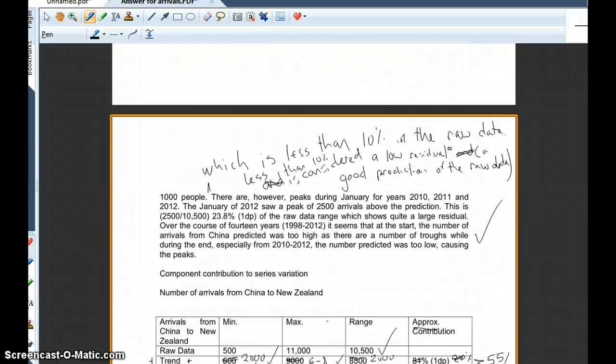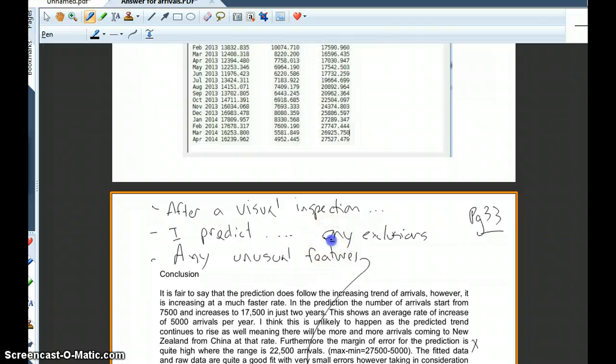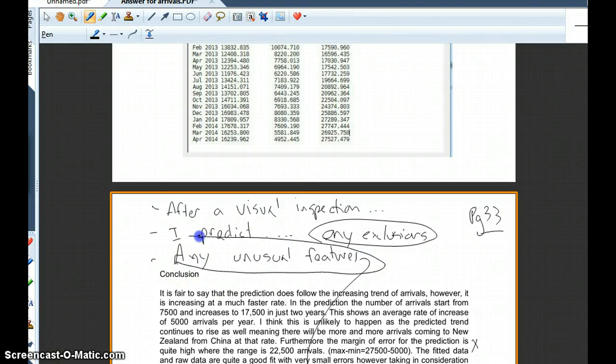So give me one of those and then discuss any exclusions to your predictions, and this is where you would highlight the fact that there was a big drop off in, I think it was 2008. So it segues nicely into any unusual features of the graph, and in China's case there was a very unusual feature, and you could discuss why that feature occurred or some suggestions as to why it occurred.